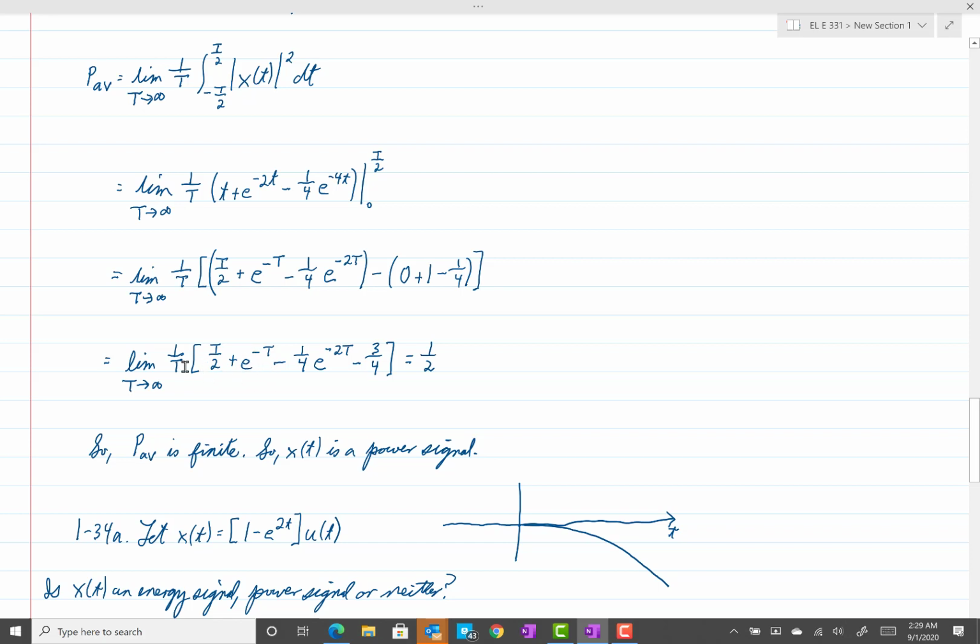Now e to the minus T over T, as T goes to infinity, e to the minus T is going to 0, and 1 over T is also going to 0. So that goes away. By the same token, e to the minus 2T goes to 0, and the T in the denominator would go to 0.